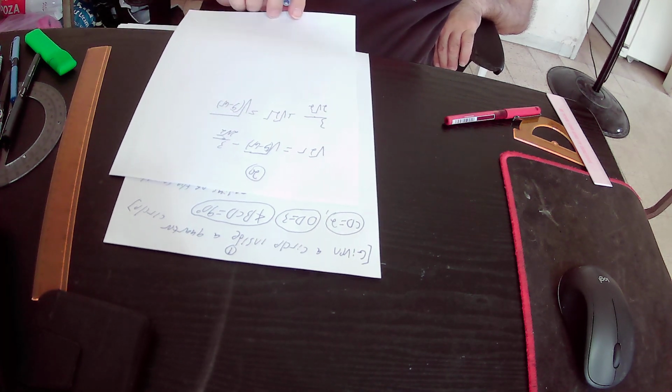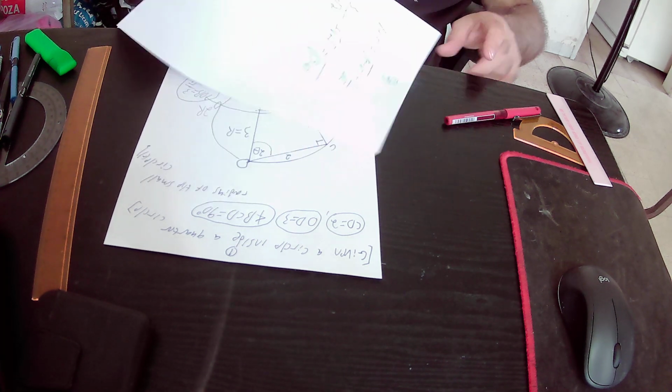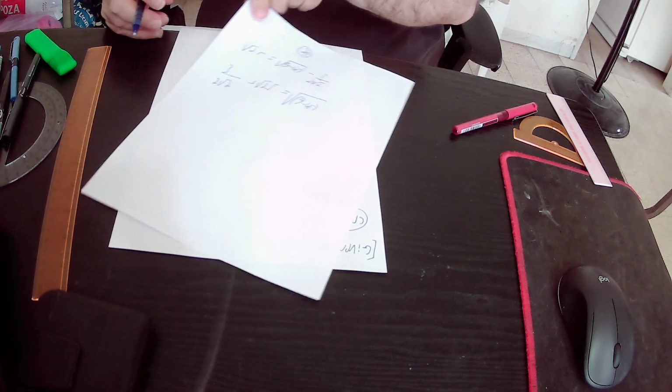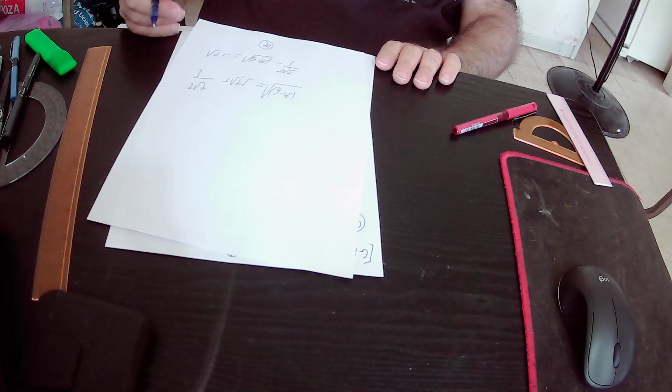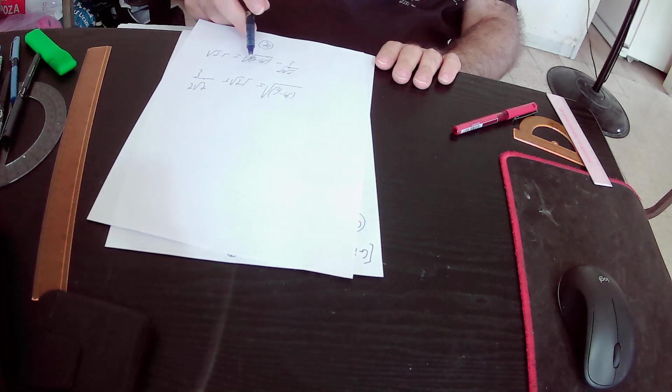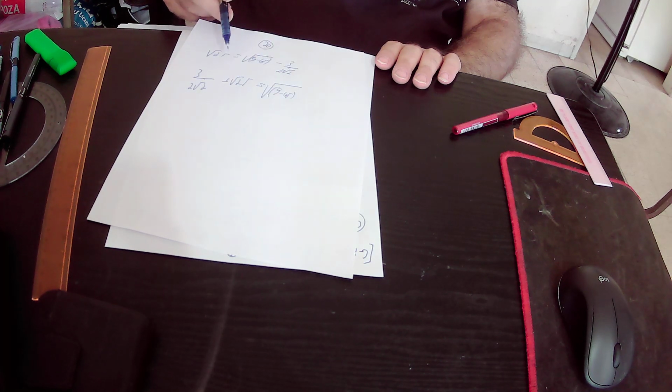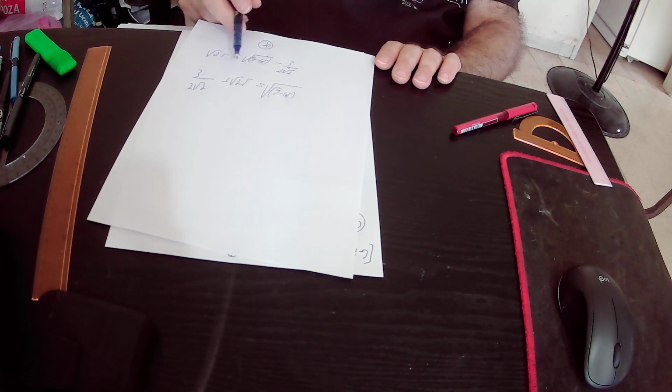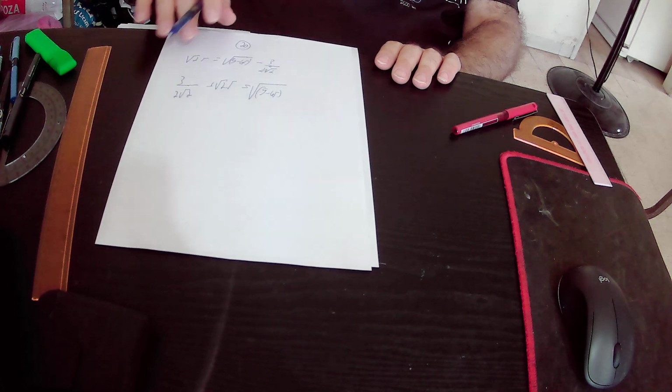Okay, so here we will multiply root 2 times R by 2 times root 2 and then divide it by root 2 times root 2 in order to have a common factor with this expression.